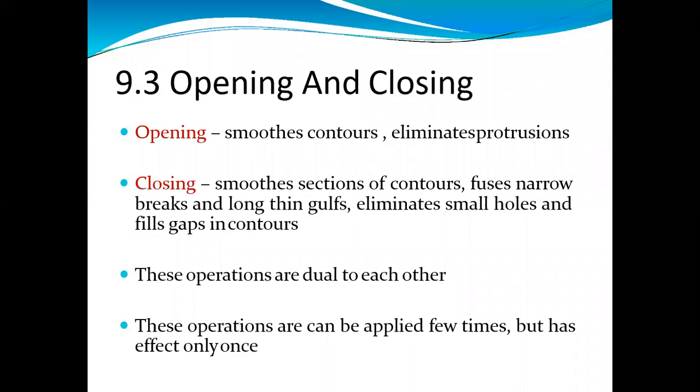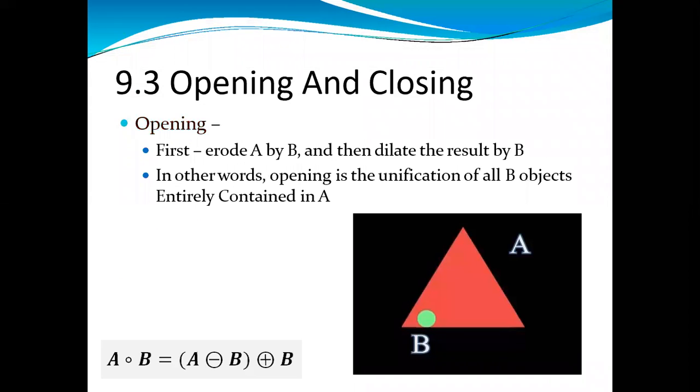Then opening and closing. Opening smooths contours and eliminates protrusions. Closing smooths sections of contours, fuses narrow breaks and long thin gulfs, eliminates small holes and fills gaps in contours. These operations are dual to each other. They can be applied several times but are effective only once.